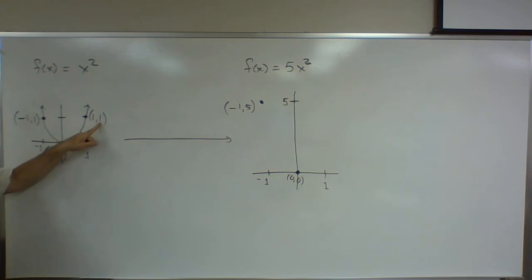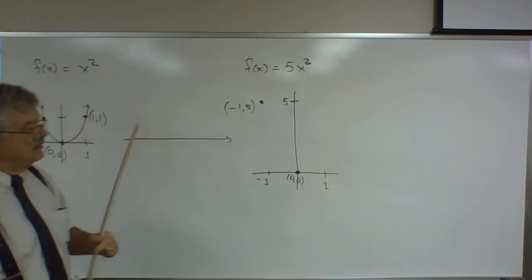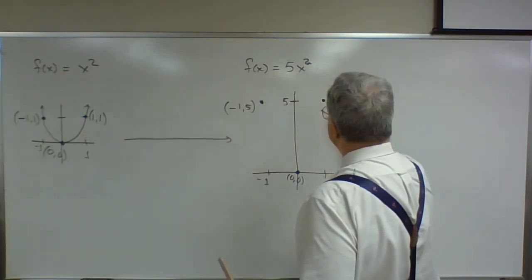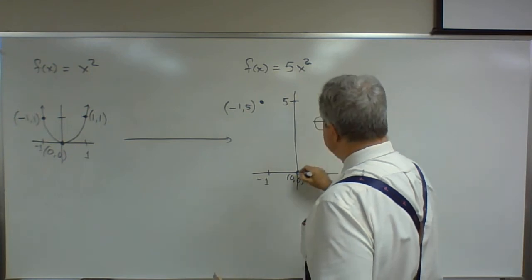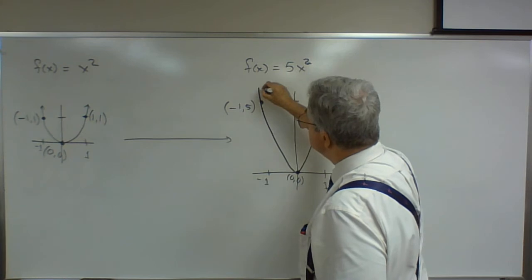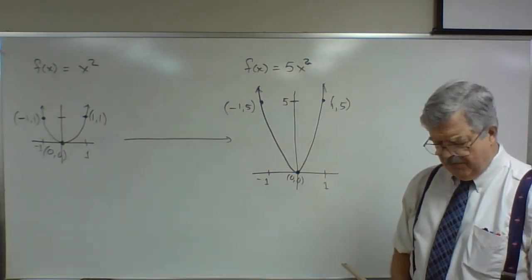To get the point on the new graph, we're going to multiply that by 5. So when x is 1, y is 5. And just like that, we have the new graph.